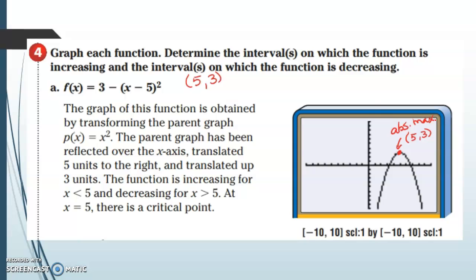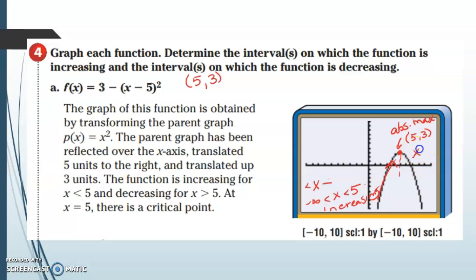Because you are coming up to this value right here at 5, as x goes from negative infinity to 5, it is increasing, because it's getting bigger and bigger and bigger.